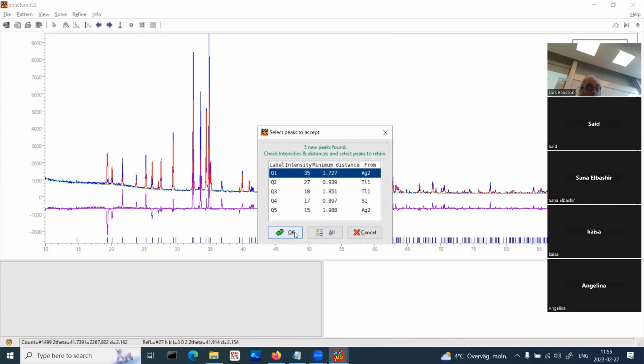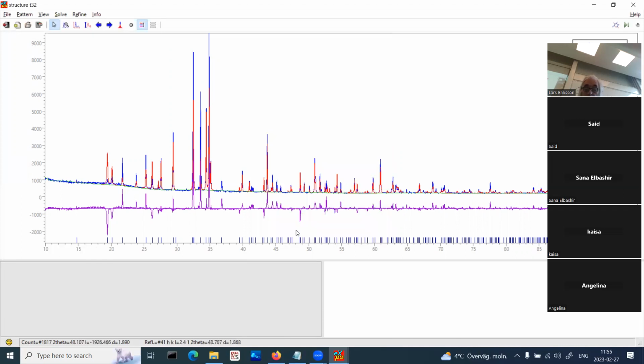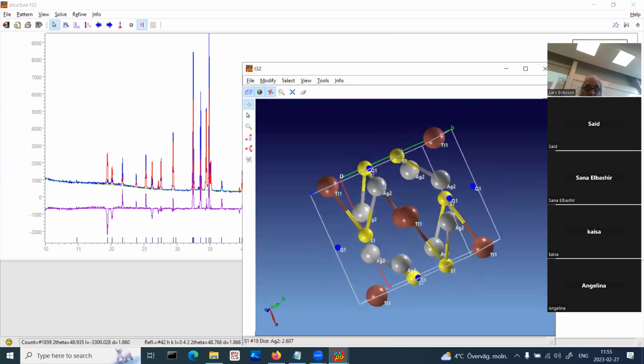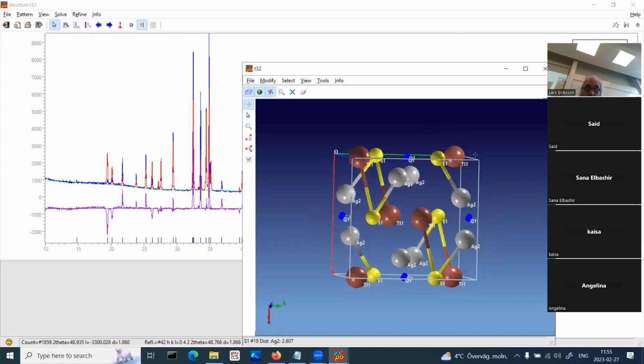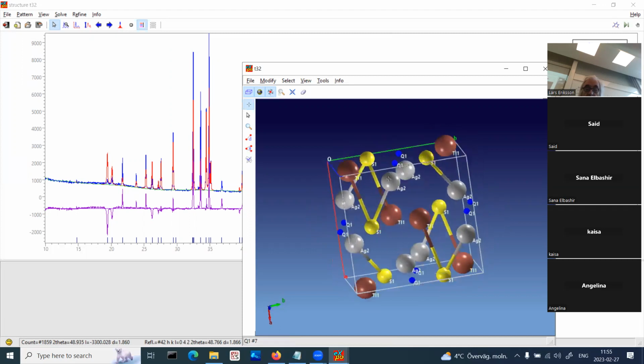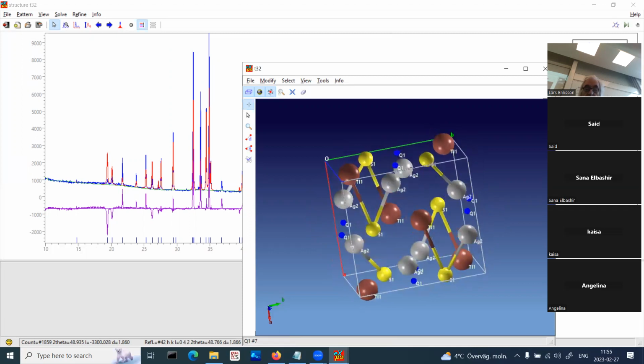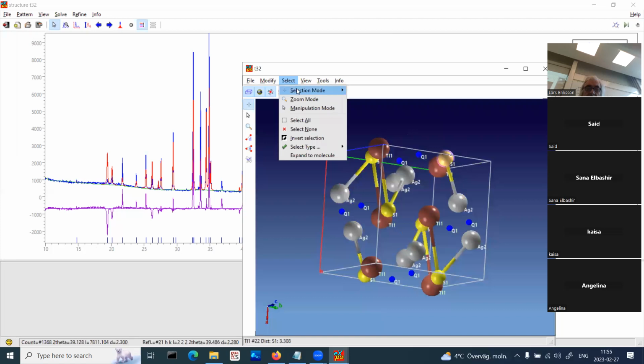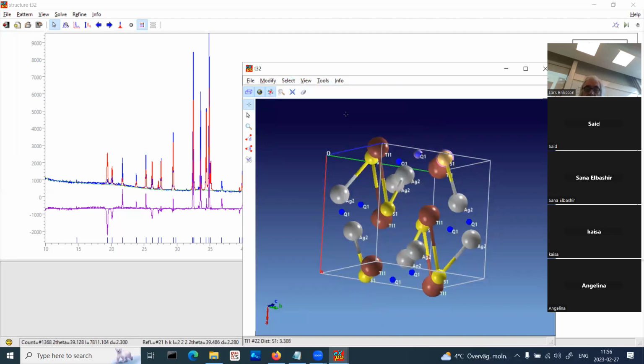Click that one only. And then we need to go to viewer. Then this is the Q1. What is the distance? And we select it. Select atoms or bonds. Q1, yes.